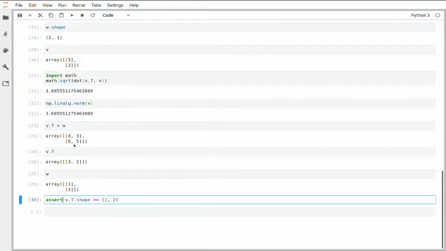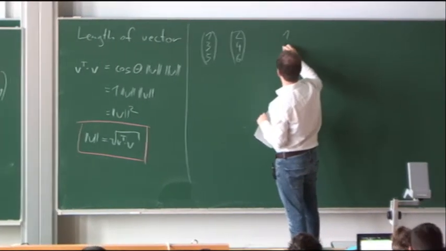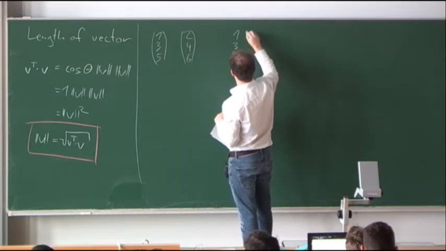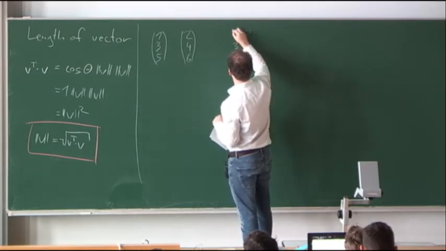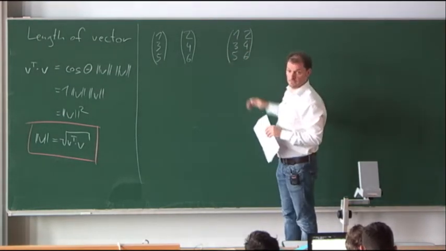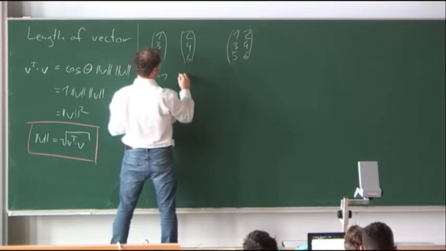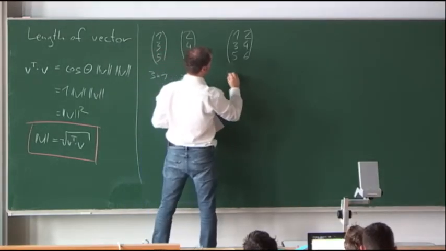If we have one vector, 1, 3, 5, and another vector, 2, 4, 6, then we can just write them next to each other in one big thing, and this big thing we call a matrix. So 1, 3, 5, 2, 4, 6. This is really just the same as a vector, just that we have multiple rows and multiple columns. So the shape of this is 3 by 1, this is also 3 by 1, and this is 3 by 2.